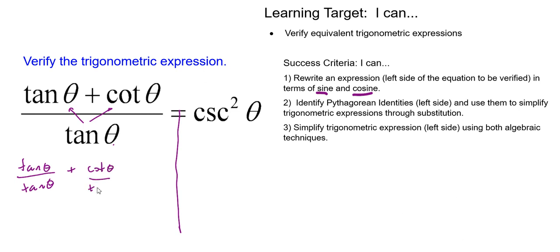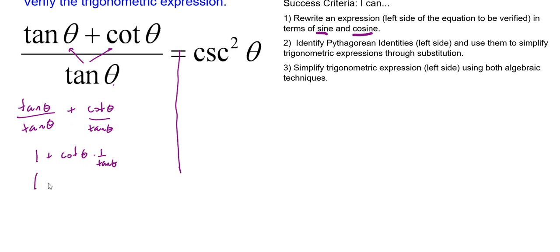All right. When we have this, we have 1 plus, now I have cotangent of theta. If you recall, cotangent of theta is 1 over tangent, and I have 1 over tangent of theta here, which is the same thing as cotangent. So what we have is cotangent of theta times cotangent of theta, so 1 plus cotangent squared of theta.